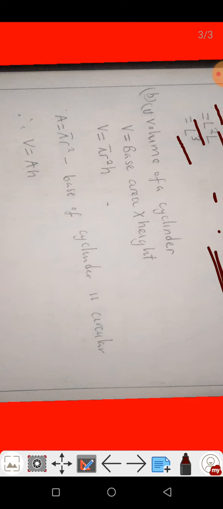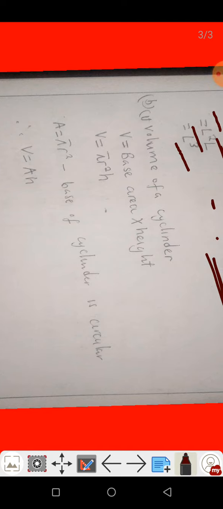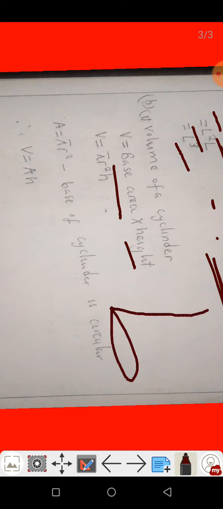In question B, we are supposed to show that the volume of a cylinder is also given by the base area and height. We know how a cylinder looks like.